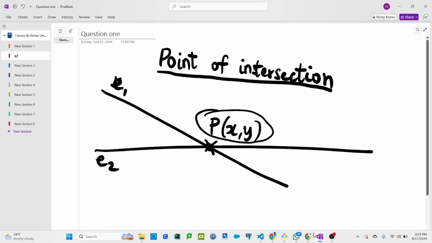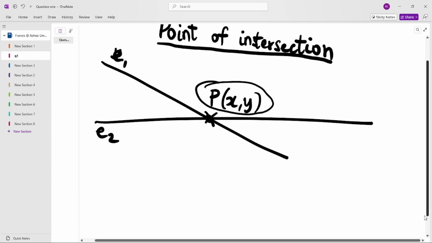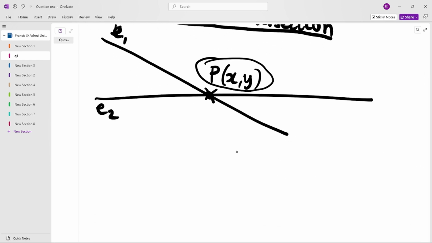So given two equations, I have some sample equations here that I'll put on the board. The first one, I have y1 equals 2x plus 5. That's the first line.